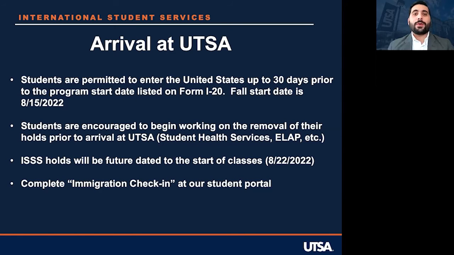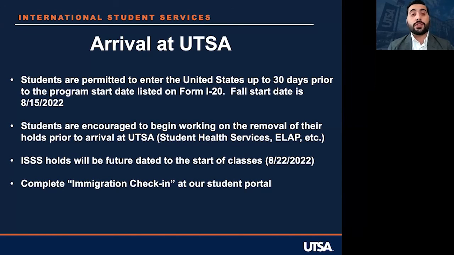Thank you, Ashley. All right, so you got your I-20, you complete that process, you pay the SEVIS fee, you went to your visa appointment, did the visa interview, got your visa. Perfect. What is the next step? Basically, the next step is arriving to UTSA.